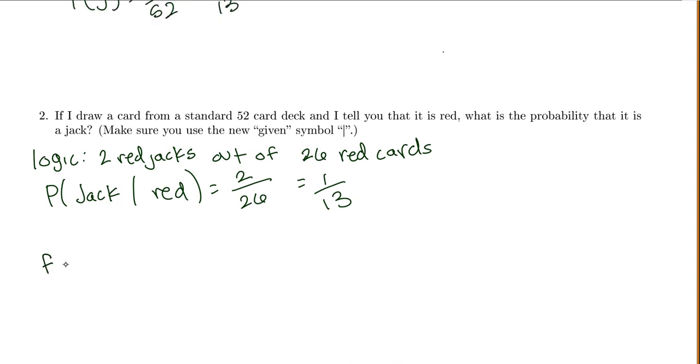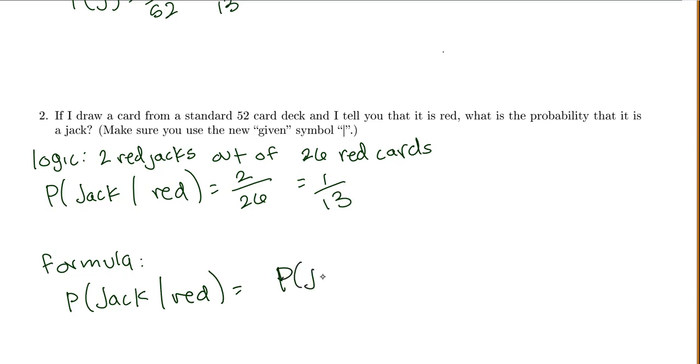But now let's look at our actual formula. How would you do this with the formula? So the probability of a jack given red, if we want to use the formula, is you do the probability of the intersection, or the AND, so jack and red, over the probability of red.